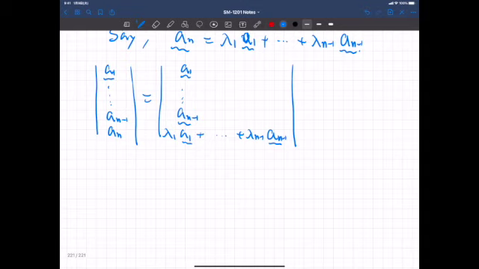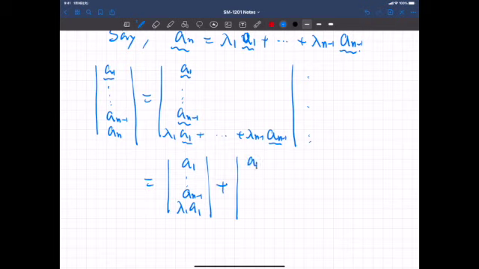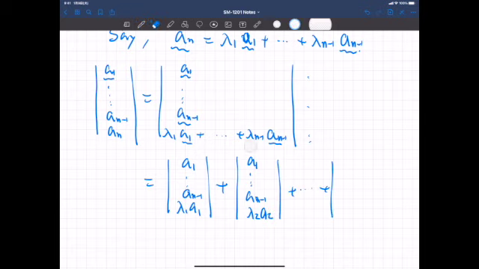But the determinant is linear in every column, so we can split this determinant into a sum. A1 up to A n minus 1, lambda 1 A1, plus A1 up to A n minus 1, lambda 2 A2, and so on, up to A1 up to A n minus 1, lambda n minus 1 A n minus 1.